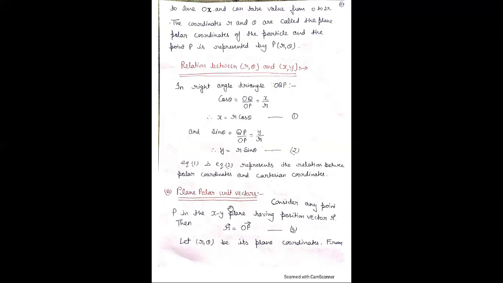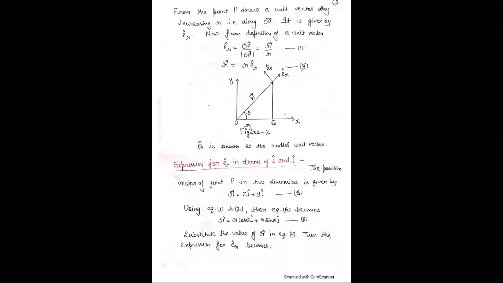Now, what are plane polar unit vectors? They mean the direction for the radial vector and the direction for the polar angle. Now consider any point P in the xy plane having position vector r. Here OP is the vector r.